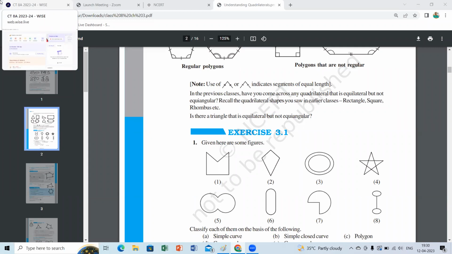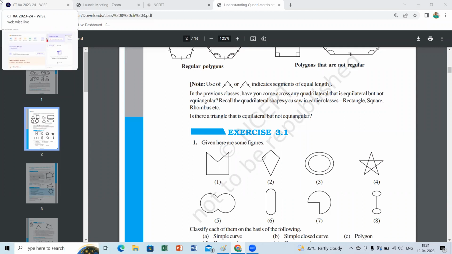Recall the quadrilateral shapes you saw in earlier classes: rectangle, square, rhombus, etc. Is there a triangle that is equilateral but not equiangular? No, it can't happen, because if all the sides of a triangle are equal, then all the angles should also be equal. And it also applies for every polygon.